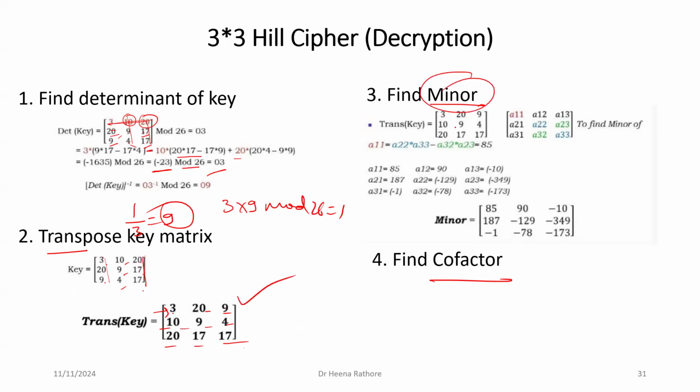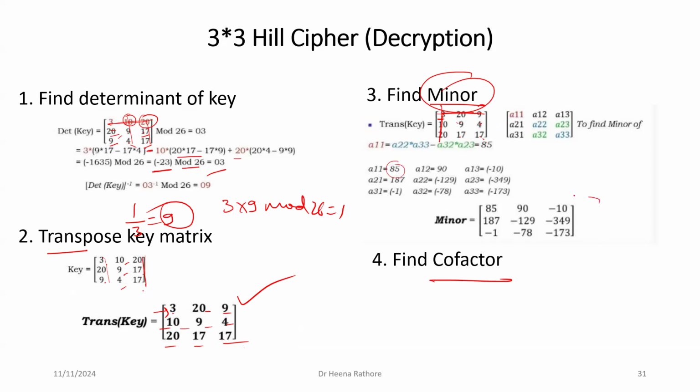You calculate the minor. Once again, in order to calculate the minor value, you hide that element. For getting the first one, you hide the row and the respective column and multiply. So 9 times 17 minus 4 times 17, which would give you 85. All this is solved over here.